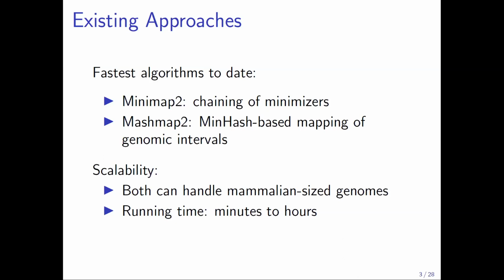It uses a very different idea: it basically divides the genomes into overlapping windows and then matches those windows with each other using a locality sensitive hashing approach. Both of those tools can handle mammalian-sized genomes and even larger ones, and they can do this in minutes to hours.